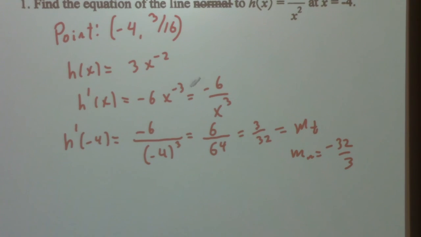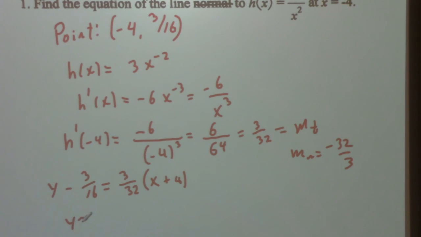So what I'm getting is this, for a tangent line slope and for a normal line slope. For your tangent line, you're going to have y minus 3/16 equals 3/32 times (x plus 4). So this will be your tangent line.